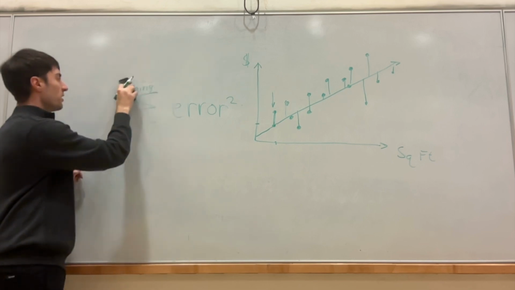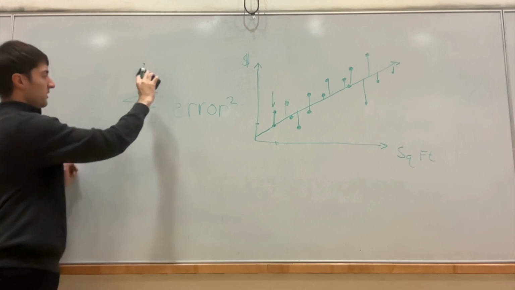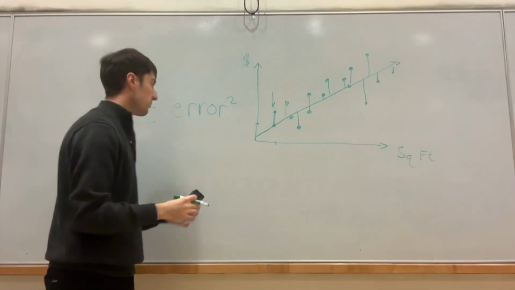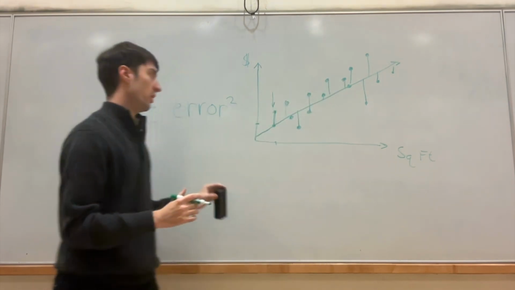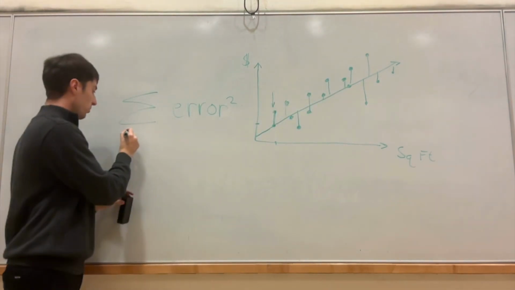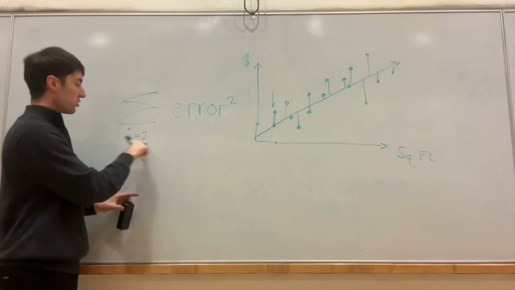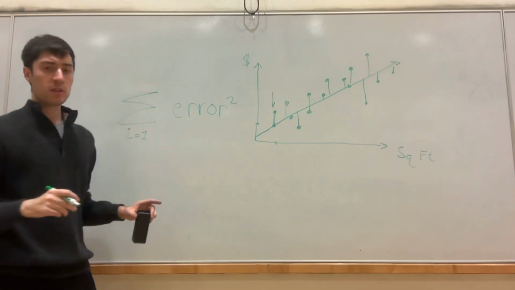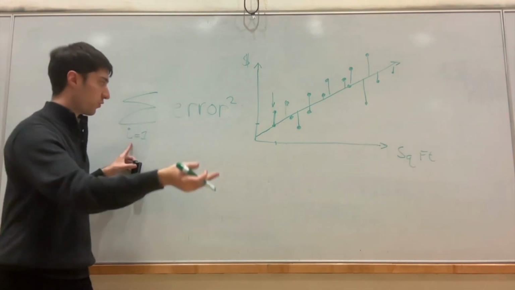Let's write it a little bit better than that. How do we say iterate over our training data? How do we put that into actual summation notation? Let's say that we have n data points. So what we do is i equals 1. This is our starting value, so i is going to be the variable which we iterate over.